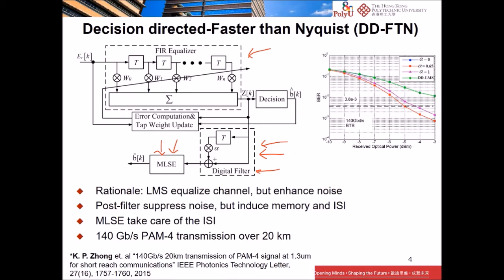We have done quite a bit of experiments and numerically figured out a good combination of this FFE, post filter and MLSE memory length, and so on and so forth. And so we are able to demonstrate 140 gig PAM4 transmissions in the O band over 20 kilometers for our short reach systems.